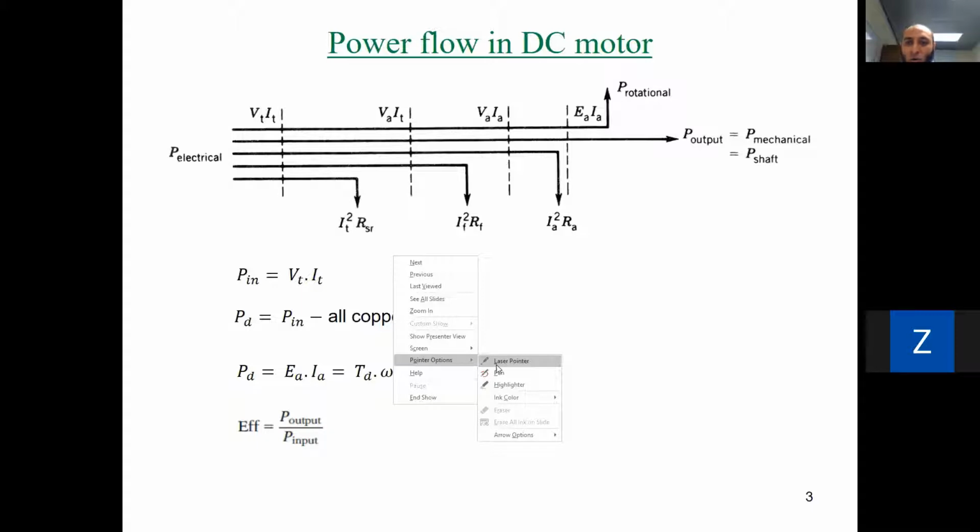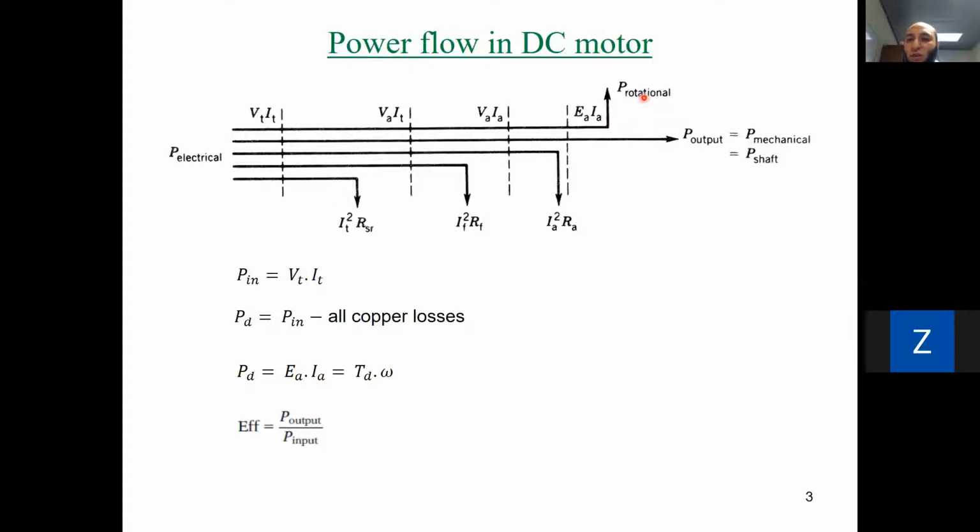So for all kinds, we will have input electrical power, P electrical, which is equal to V terminal multiplied by I terminal. And then we will have some electrical losses, which are the sum of I squared R for all resistances included in the circuit, whatever the connection, series, shunt, or separately excited.